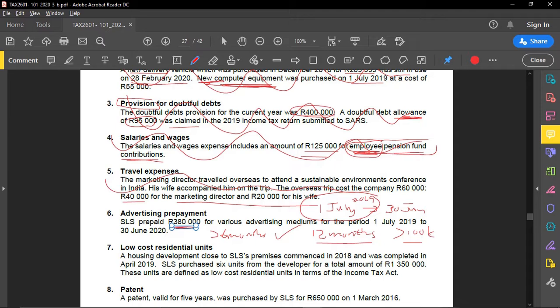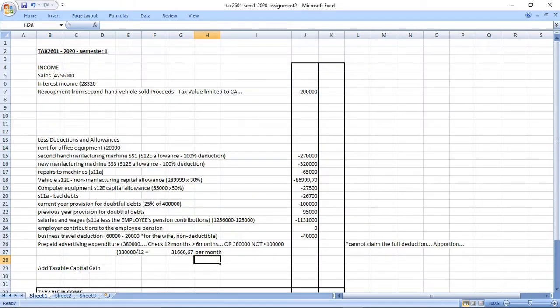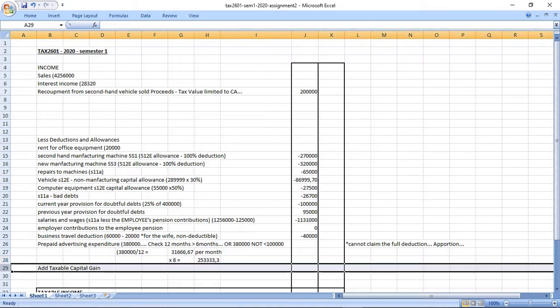So from July to the end of the year, we've got July, August, September, October, November, December, January, and February. I count 8 months. Okay, so times it by 8. That gives you that portion.